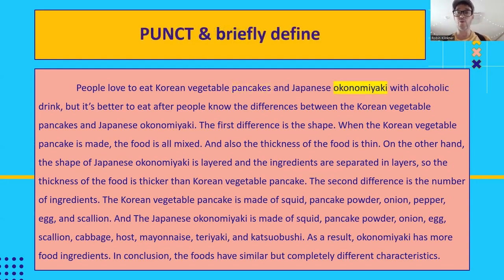People love to eat Korean vegetable pancakes and Japanese okonomiyaki. Living in Korea, I think probably the majority of at least young people and maybe even old people know what okonomiyaki is because of the proximity with Japan.